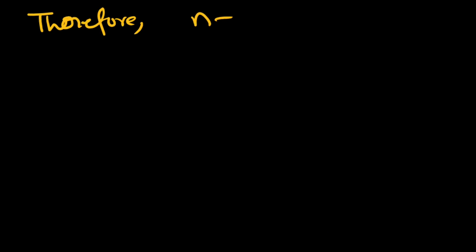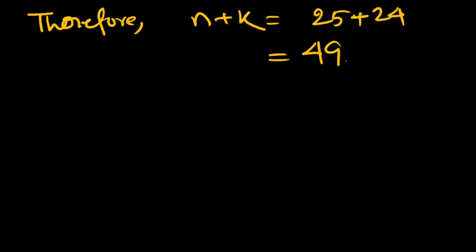Therefore n plus k is equal to 25 plus 24, that is equal to 49. So this is the answer. And in the options we see that option 2 is 49, so option 2 is correct.